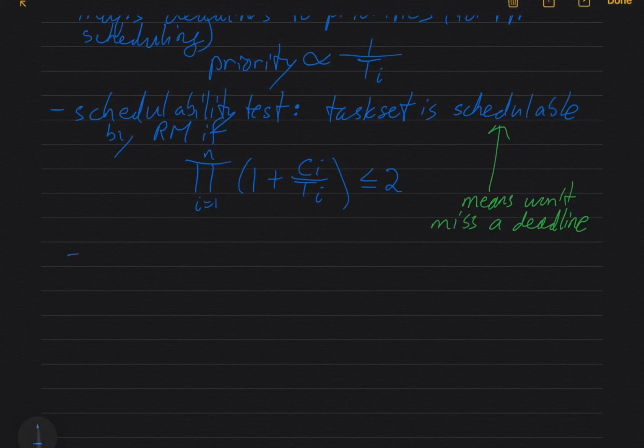Let's look at an example. So we've got the period and the worst case execution time, and let's just say that our task set has 3 tasks with periods 10, 12, and 6, and worst case execution times of 2, 3, and 1.